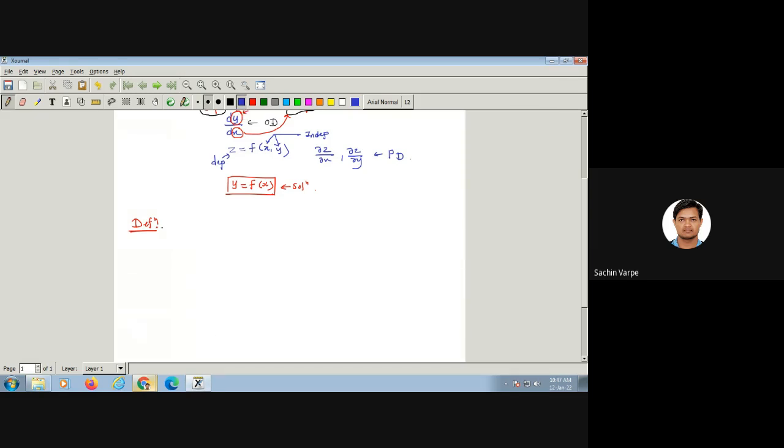Okay. So the definition of nth order LDE with constant coefficient.